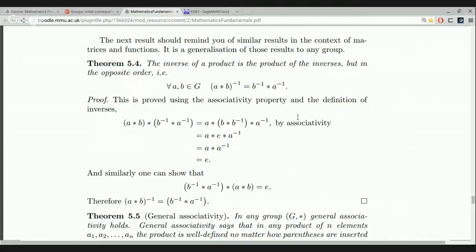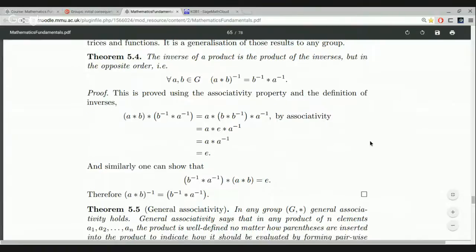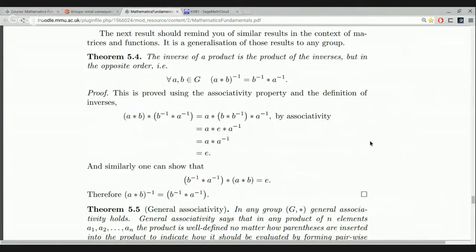If we're allowed to compose them, and if the inverse function exists, it follows the same pattern: the composition of the inverses, but in the opposite order. In fact, that same property holds in all groups. It's a very fundamental idea, and the proof of it is given there in 5.4.